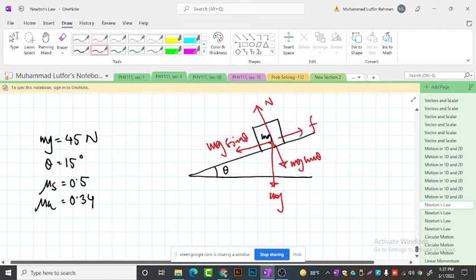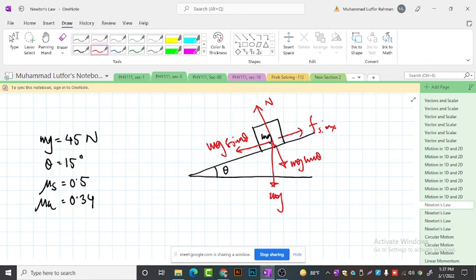If I do not know whether it is stationary or moving, I have to check that. If I consider it stationary, it would be fs max acting over here, because the downward force is not greater than fs max.